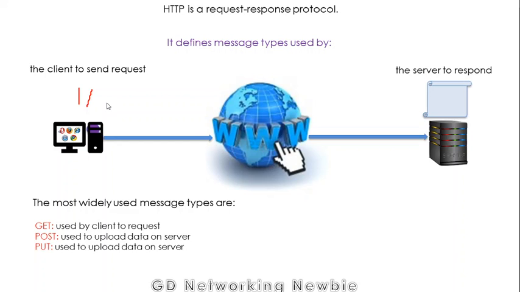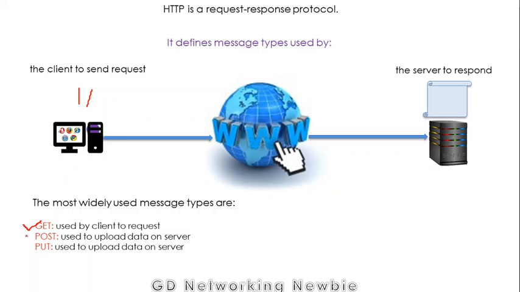In addition to that, the most widely used message types defined in the HTTP protocol are, first, GET. GET is used by the client to request a page. For example, GET is a message used by the client node to get something from the server.